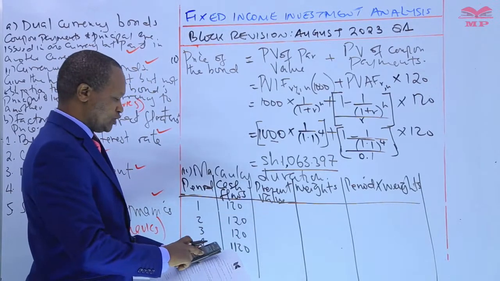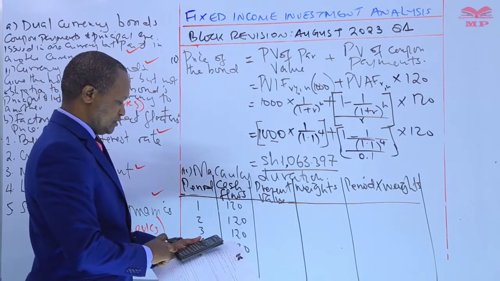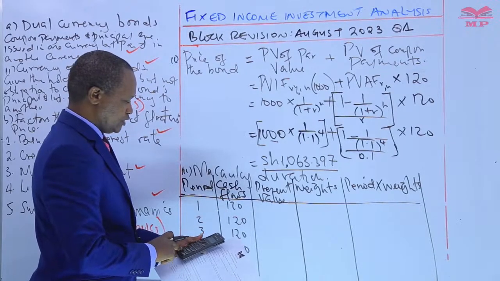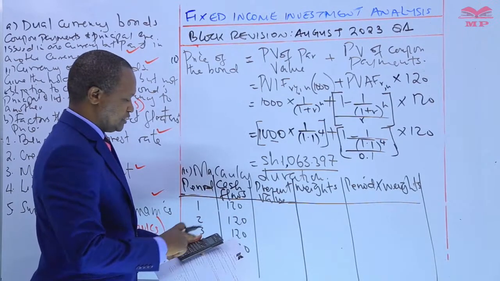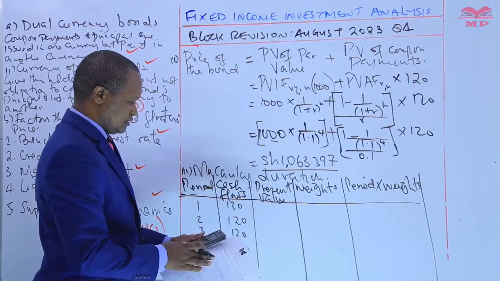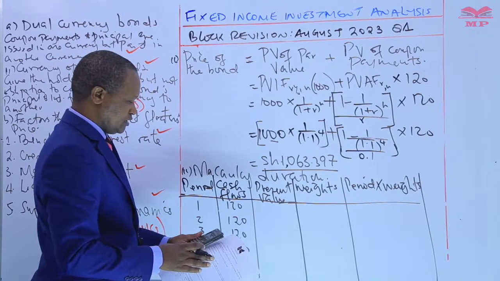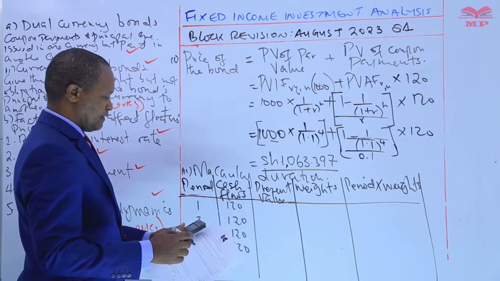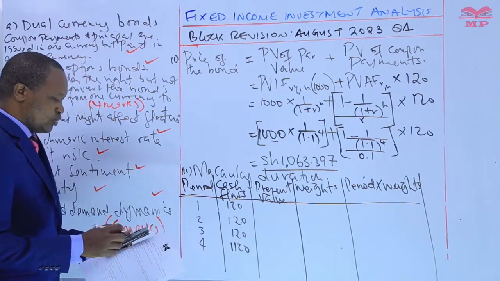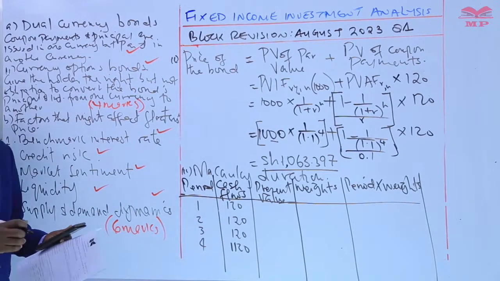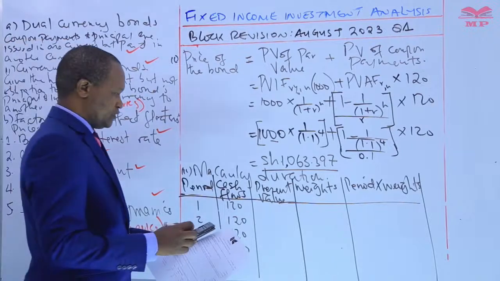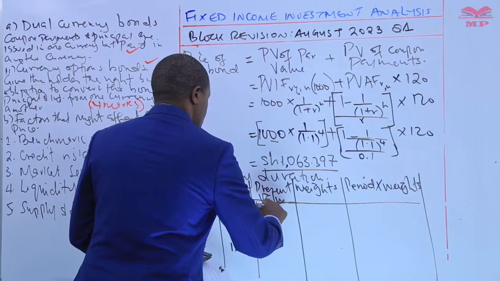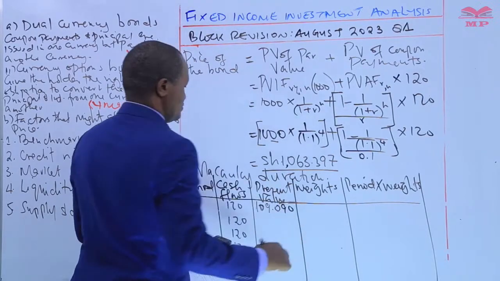So you're going to have 120 divided by 1.1 raised to 1. When you discount this 120, I'm getting here 109.090.